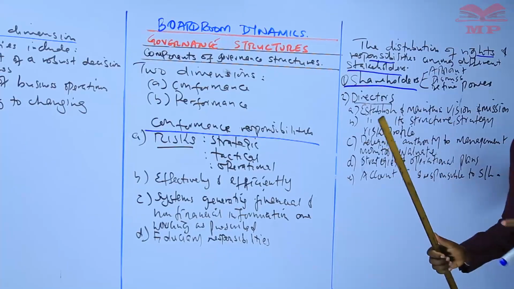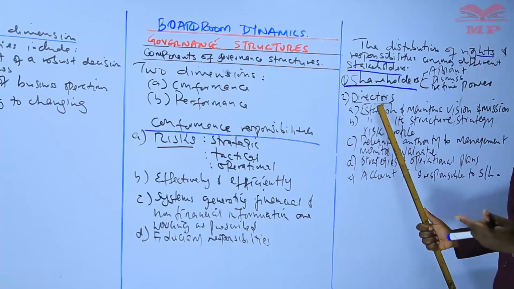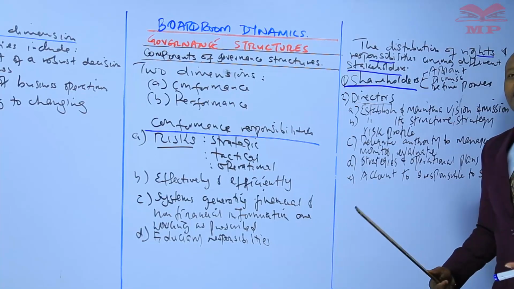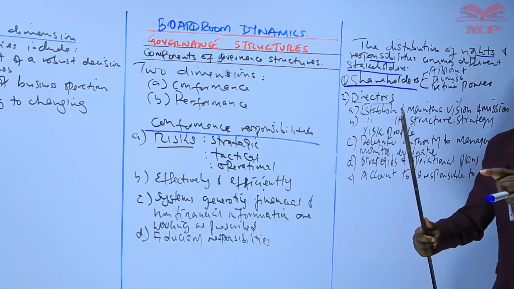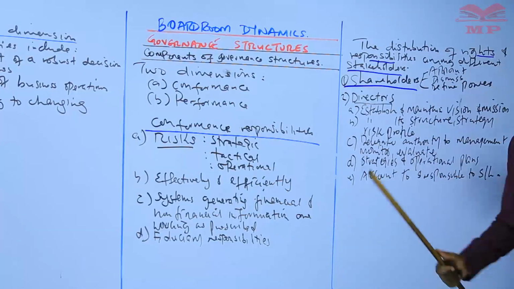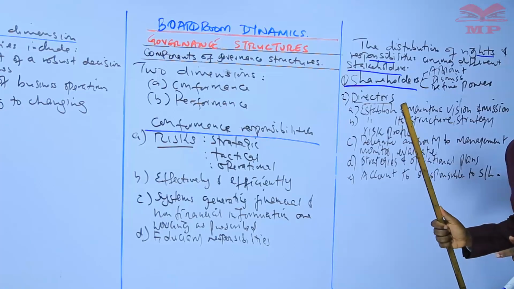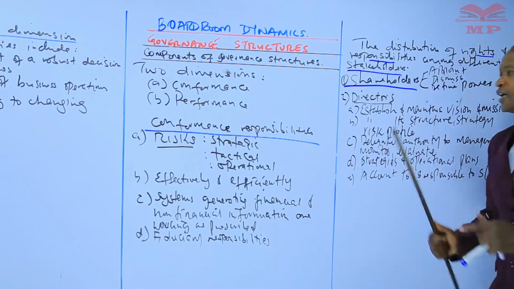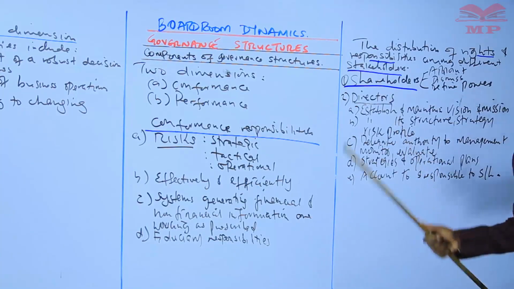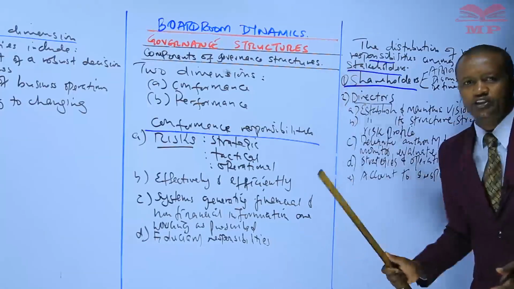A governance framework will also define the board structure, the board's size, all right? It will define the composition of the board, as well as the process by which directors are appointed to the board. So the organization and logistics of the board meetings are also important aspects of the governance framework or the governance structure.